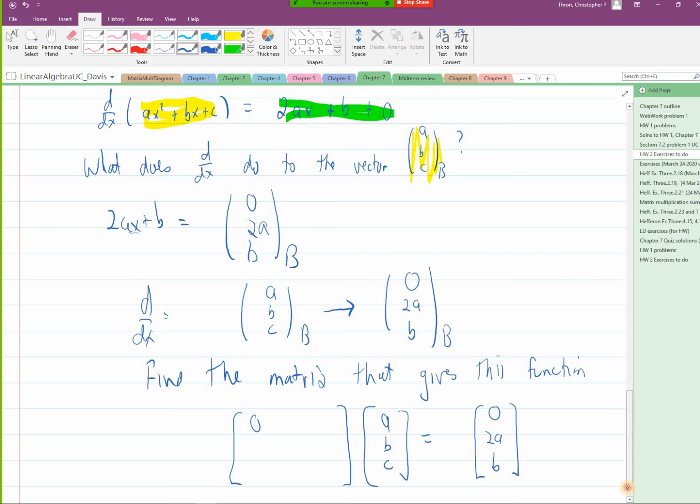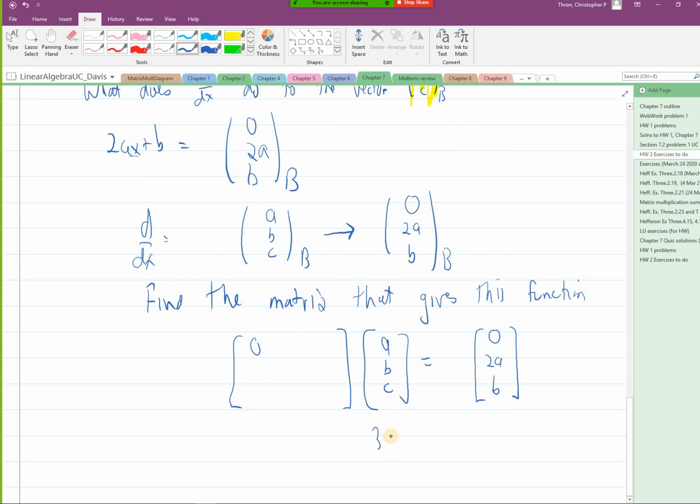All right, so how did you compute this? This is a 3 by 1. This is a 3 by 1. Yeah, this one has to have the same number of columns as this has number of rows. So that has to be a 3, and then the output has to have the same number of rows as the output here. So this has to be a 3 by 3.